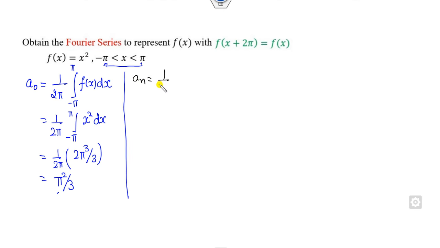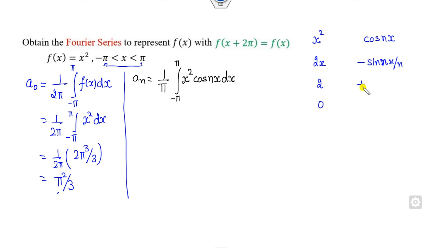An, it is 1 over pi minus pi to pi fx. Fx is my x square cos nx. So again I can write it as x square here, cos nx. So the derivative is x to 0. It is minus sin nx over n, minus, it's positive, because integration of the cos is positive. Then it's minus cos nx over n square, and it is minus sin nx over n cube.